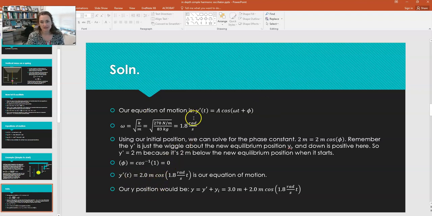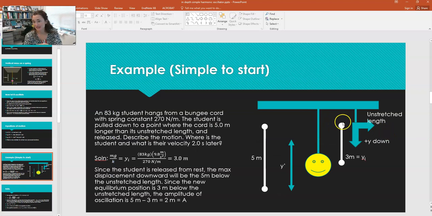So that means our equation of motion in this case, for a random time, is y prime of t equals 2 meters times the cosine of 1.8 radians per second times t. That's our equation of motion for our wiggle coordinate. If you want the y coordinate with respect to the origin shown in this figure, you have a constant offset from your wiggle coordinate.